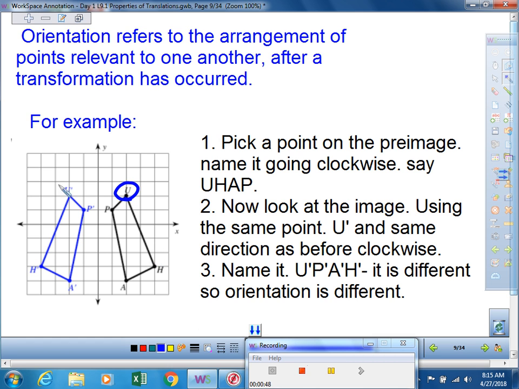And then on the image, you start with the same letter. Did it go in the same order? U-P-A-H. No. So the orientation changed. Okay, so that's how you can look. There's two types, physical and letter orientation. So this letter orientation changed.